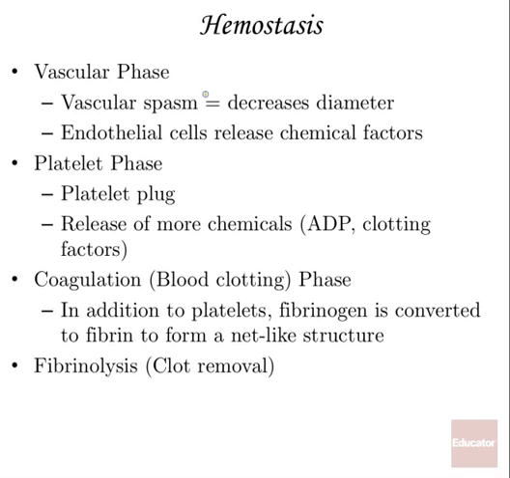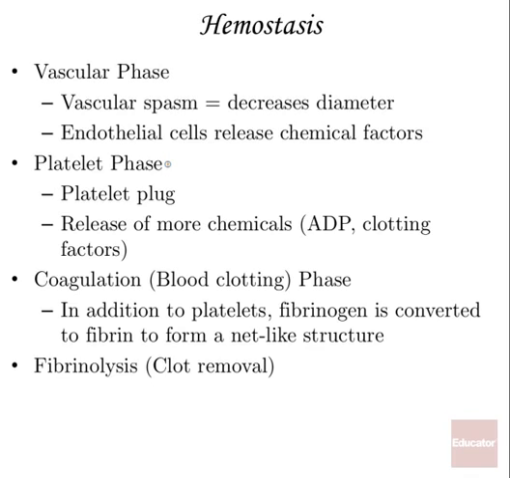There'll be certain stimulation that causes that blood vessel to decrease in diameter, at least for a bit, because the immediate thing you want to do is stop a lot of blood from getting out of there, so reducing the width of it is going to do that. And it's endothelial cells right next to where the blood is. Remember, if you saw the blood vessel lesson, endothelium is where all the blood is rushing through, that inner layer. They're going to release those chemical factors that have to do with that.